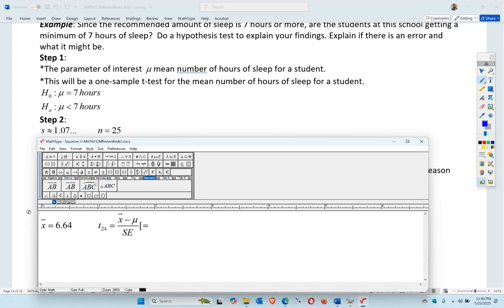So basically, observed minus expected over standard error. So 6.64 minus the 7 over the standard error. That's going to give us some kind of t-value. As to what that is, not too sure. Let's figure that out now.